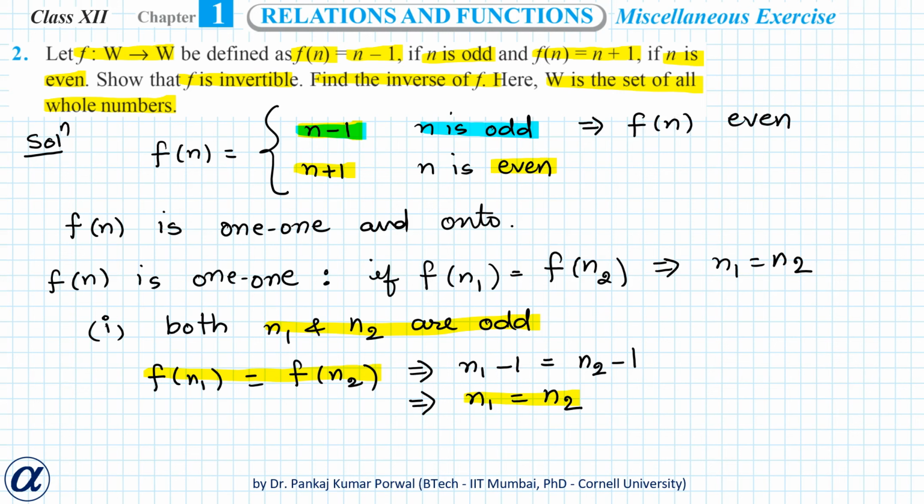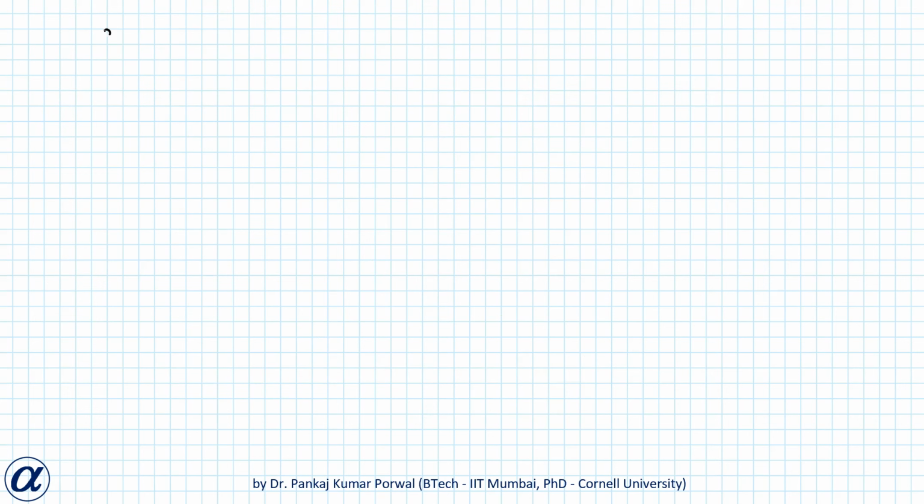Similarly, when n is even, f(n) is n plus 1, that is one number more than n. So in this case f(n) will be odd. Now to show that f(n) is onto, we have to show that every m in our codomain has a pre-image. Now, because we have different function definitions when n is even or odd, here we'll have to consider two cases, that is when m is even and when m is odd.